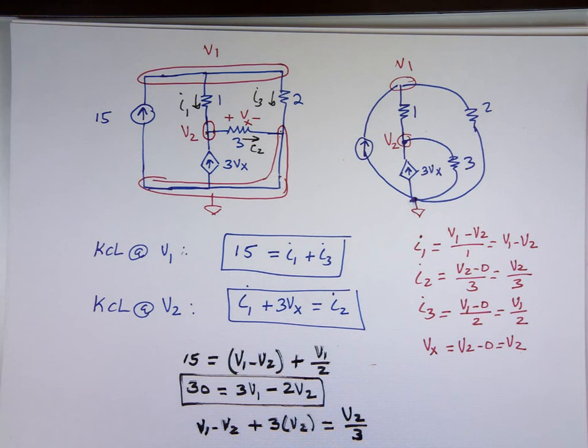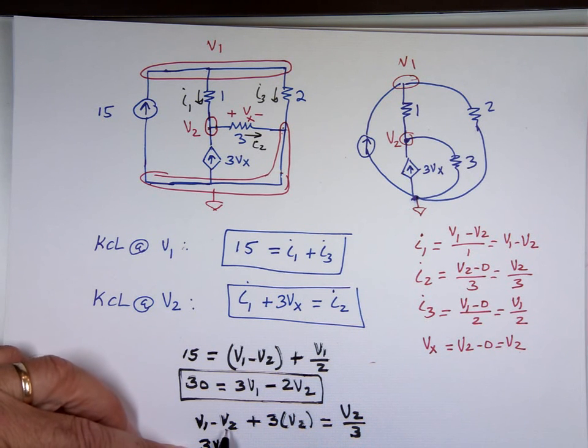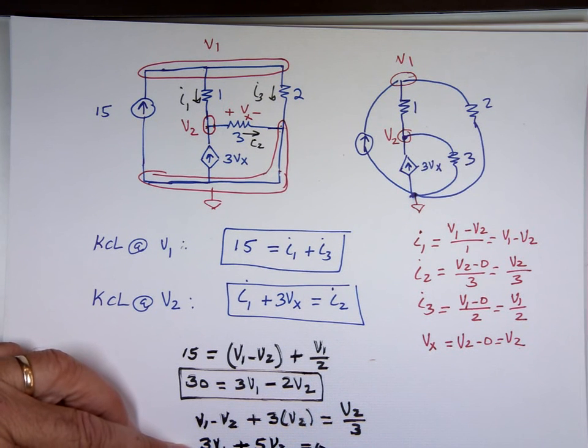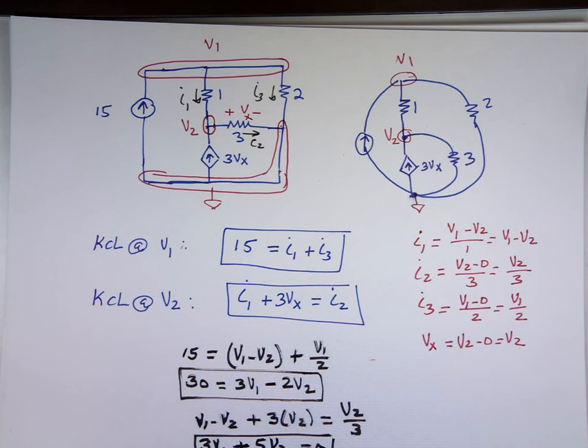Multiply by 3. 3V1 minus 3V2 plus 9V2 equals V2. So 3V1 plus 5V2 equals 0. So 2 equations by 2 unknowns.